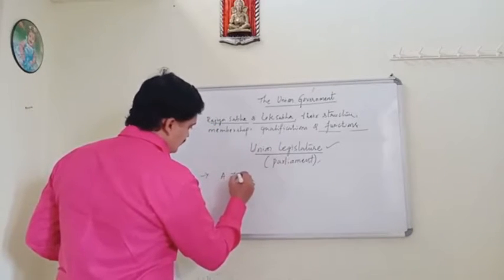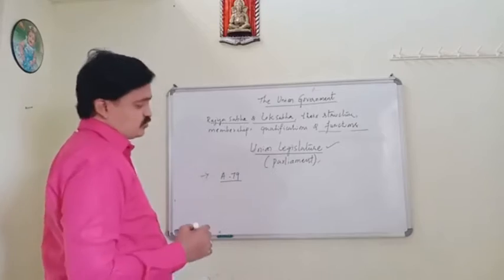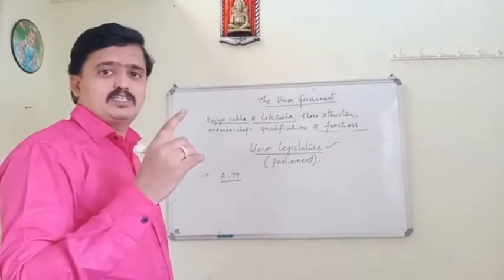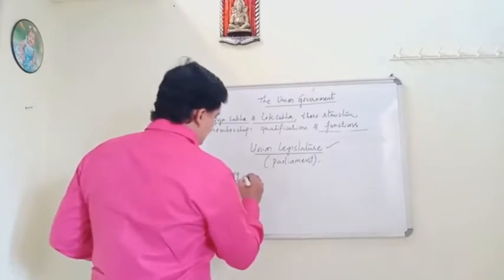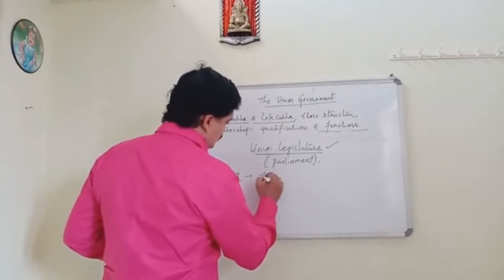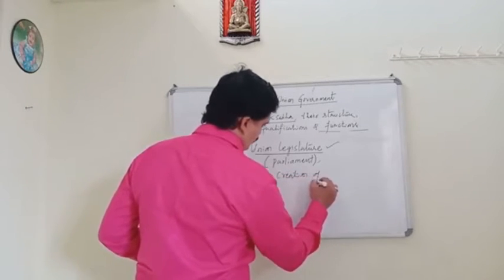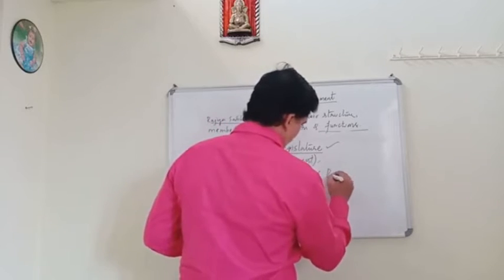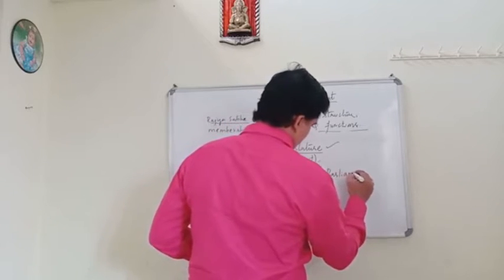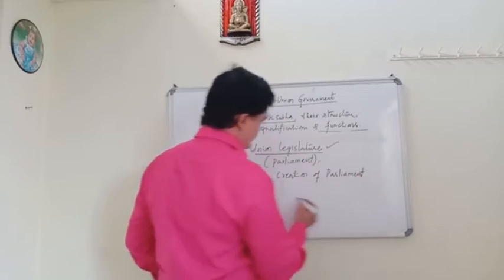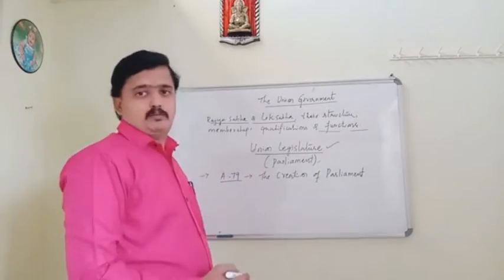Article 79 tells about the creation of the parliament.